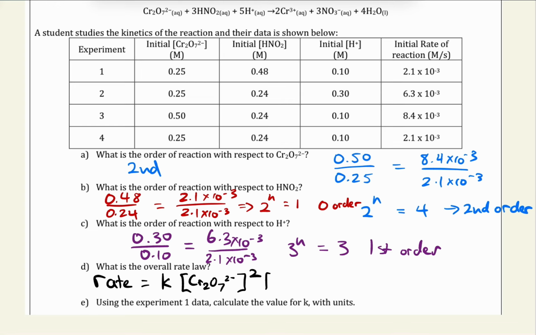But it doesn't hurt if you write HNO2 to the power of 0 as well. But if you do not write it, that is okay because this will simplify to 1 because anything to the power of 0 is 1. And then finally, we will have our H plus to the power of 1.